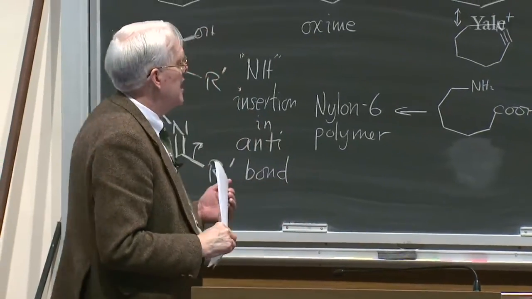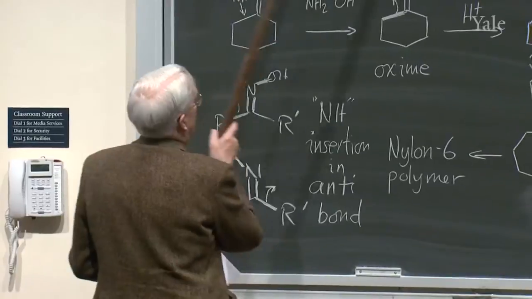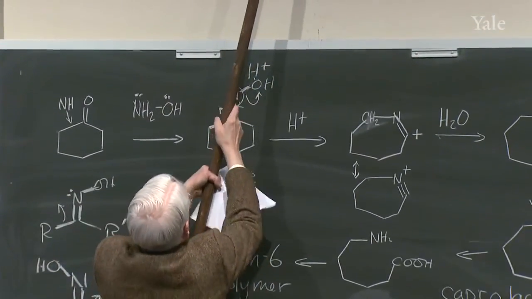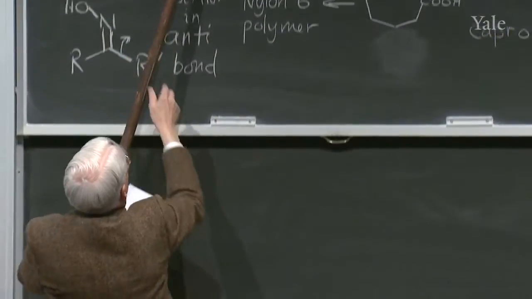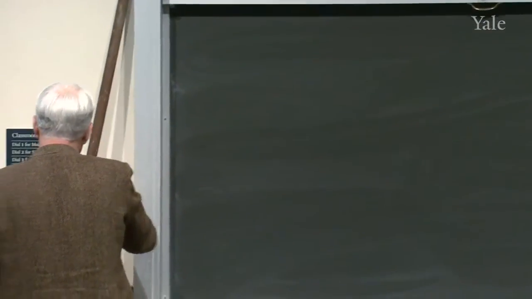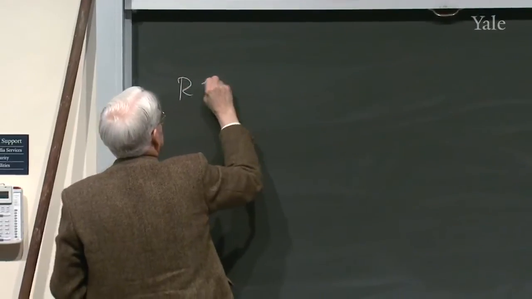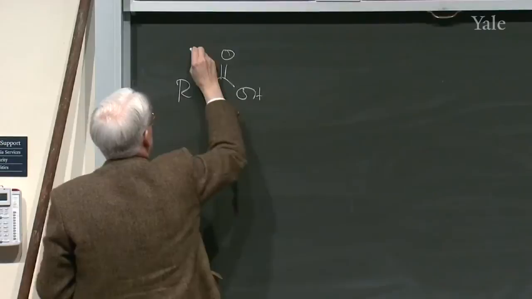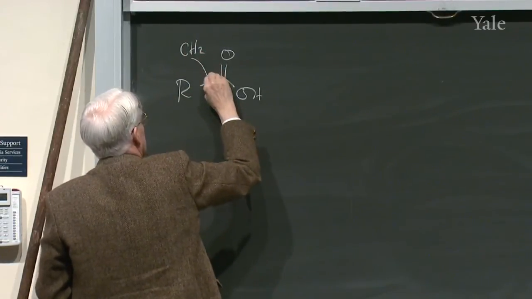And then the Arndt-Eistert reaction, which is the homologation, the one that makes an acid 1 unit longer. So you have a carboxylic acid and insert CH2 in this bond.